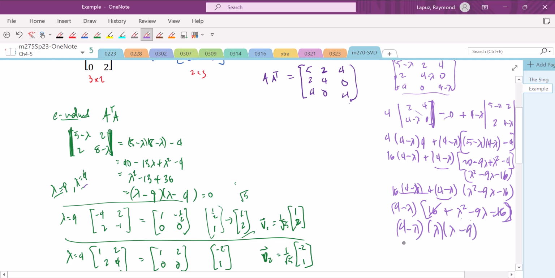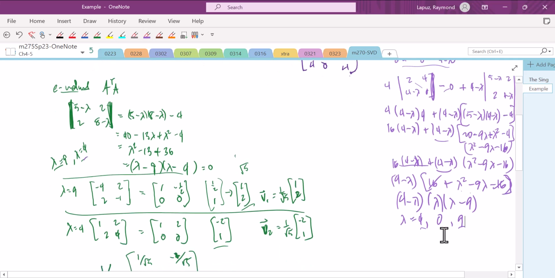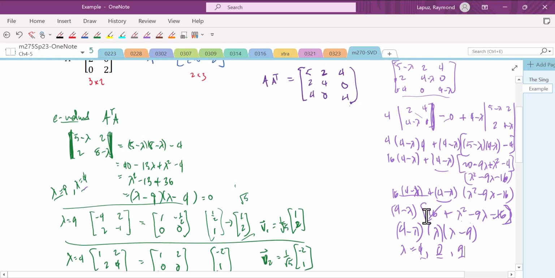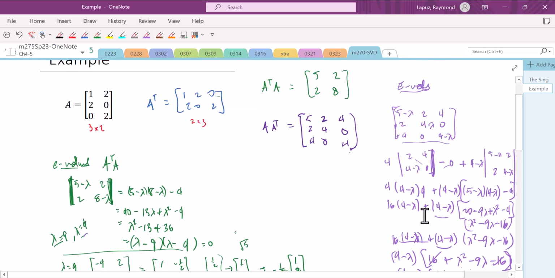So as anticipated, we have lambda equal to 4, lambda equal to 0, and lambda equal to 9. So we got the same 4 and 9 there, and then we just have the 0. Okay. All right, so now that that's settled, we know that the eigenvalues for this are 9, 4, and 0.